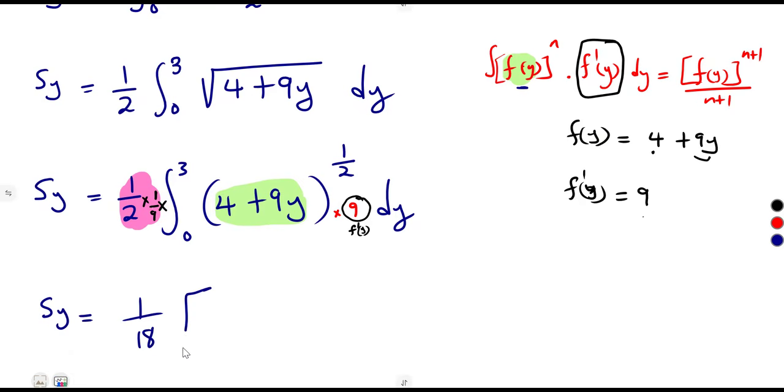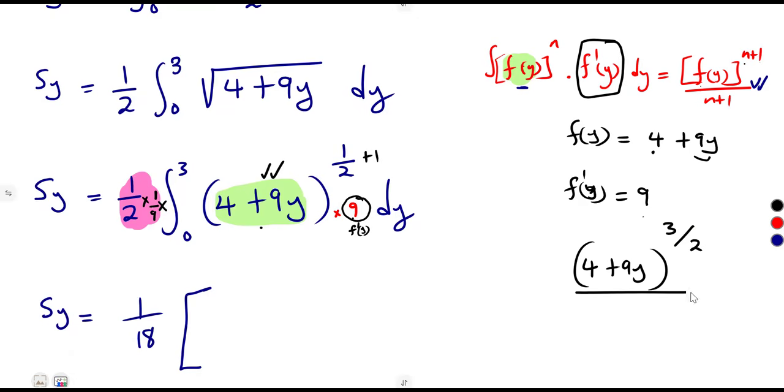So you can simply integrate this by using our inspection concept, which says that once we've got a certain function and its derivative, take that function as it is, 4 plus 9y, and raise it to the exponent of n plus 1. So we add 1, and it's going to be 3 over 2 over n plus 1, which is the same 3 over 2.